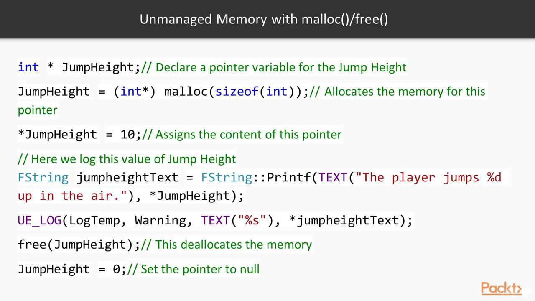This makes the pointer point to the 0th address, or the beginning address of your memory, and it is a safe address to use because your operating system will not allow you to do anything with it. So later on, if you accidentally wanted to put values into jump height, you would get an error. So this is how the malloc and free functions work, allocating the memory for you and then deallocating it when you are done with it.